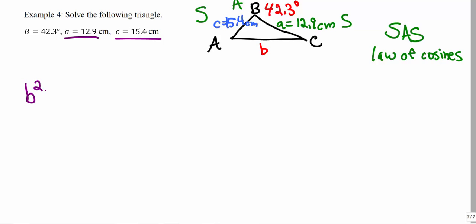So B squared is equal to, we're going to use the formula that starts with B, A squared plus C squared minus 2 times A times C times cosine of angle B. Remember, the side that I start with is the angle that I end with.